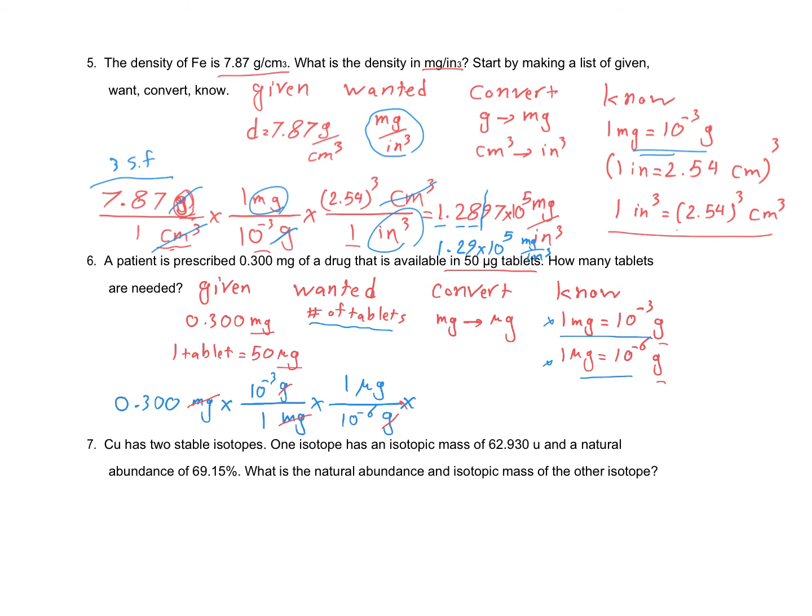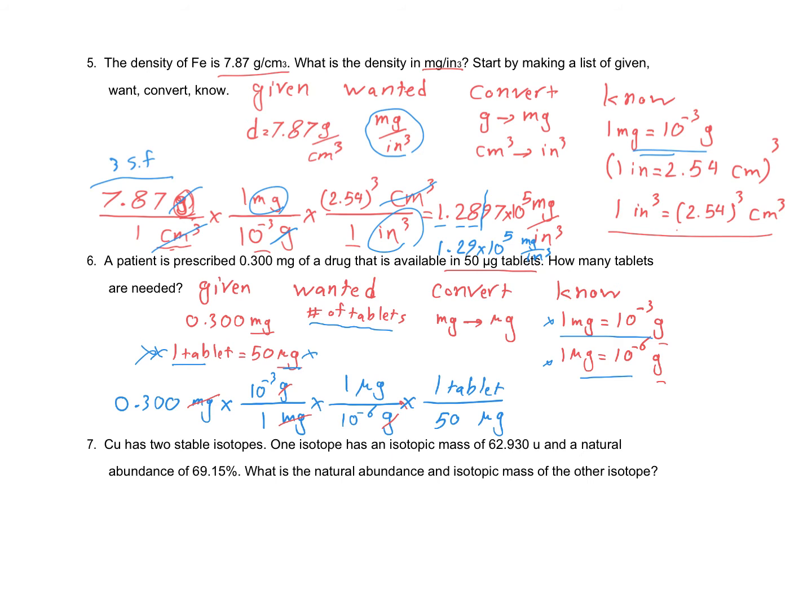If you see in the given information here, we have one equality, and from any equality we can get a conversion factor. So we want to go from microgram to number of tablets, and that's what equality is giving us. So I want to get rid of microgram, so I put microgram here, and from this equality I know that 50 microgram is 1 tablet.